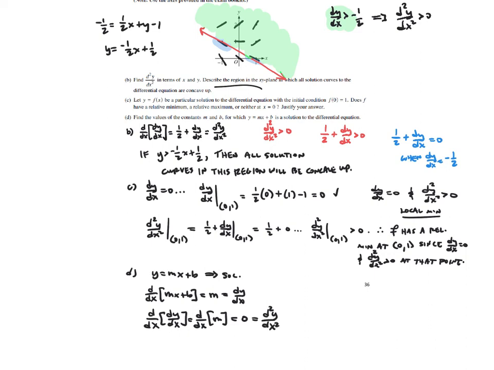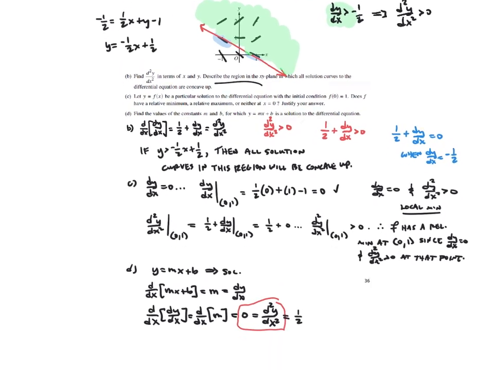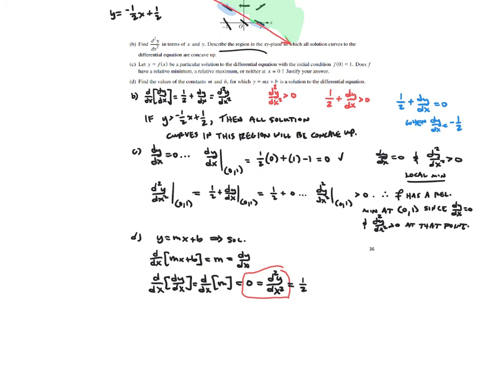So this is extremely important. If I know that the second derivative is equal to 0, and I know that the second derivative is also equal to 1/2 plus dy dx, okay, and dy dx, oh boy, I can't remember what dy dx was. Let's go back up for just a little bit. Half x plus y minus 1. Okay, plus dy dx, which is half x plus y minus 1.